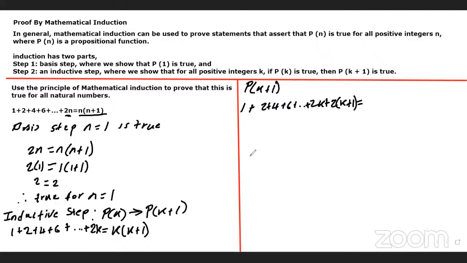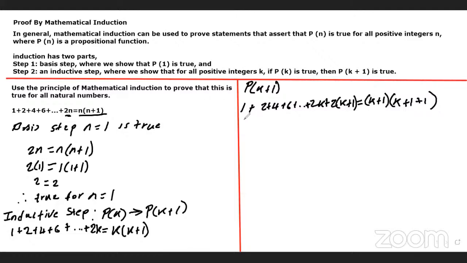If you look back here, we have k times k plus 1. So over here, we're going to have k plus 1. You add 1 to this k, and we add 1 to this k as well. Now I have k plus 1, but there was also a plus 1 there before, so we have to put it back, plus 1.